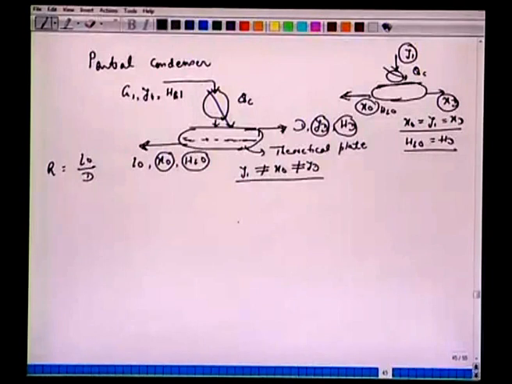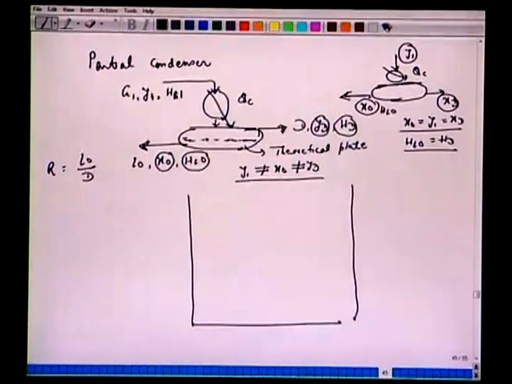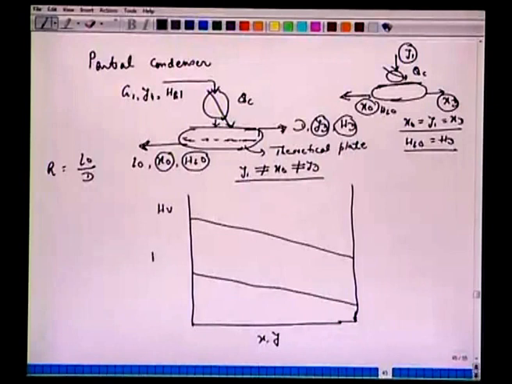Now we can plot the HXY diagram for the rectifying section with partial condenser. We have XY, here we have the saturated vapor enthalpy HV and we have HL. Let us start with YD. We have this line at the mole fraction YD.